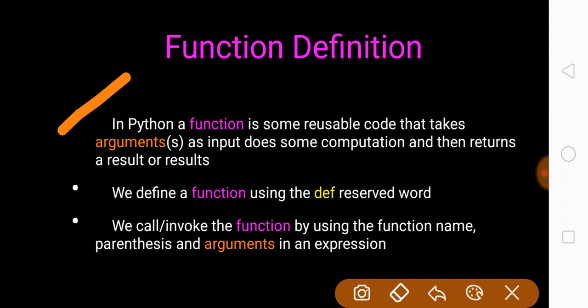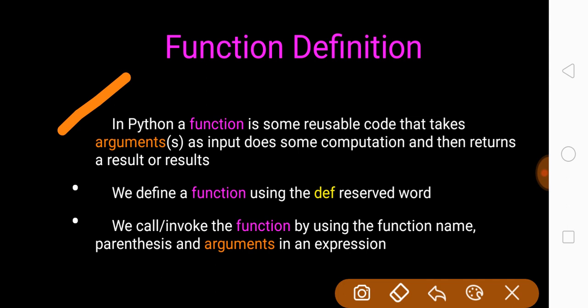Instead of writing the same code multiple times, we write that code in some lines within a block, and that block is given a name. Whenever we need to execute those lines, we just call the name of that block, and automatically the lines written in the block are executed.